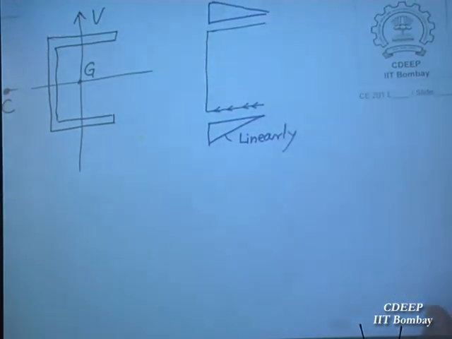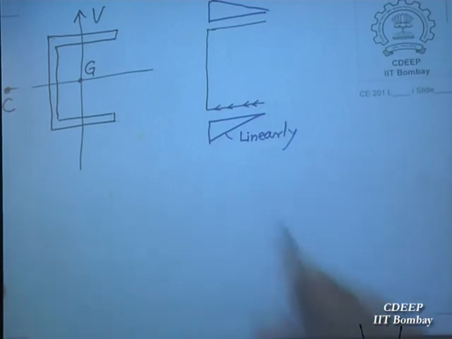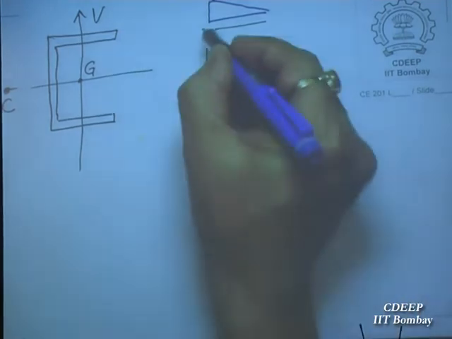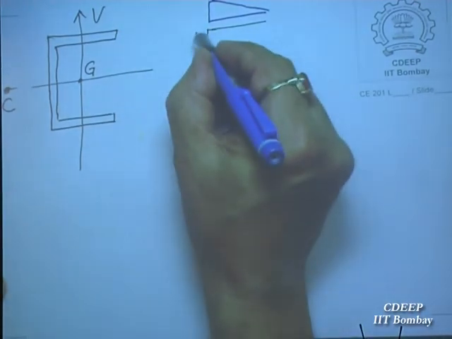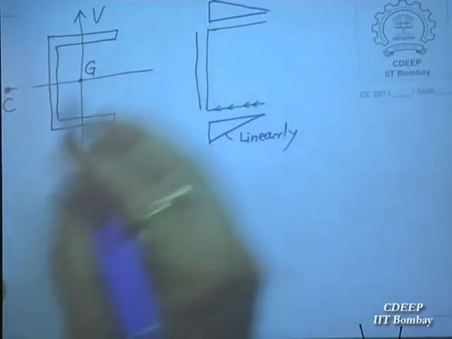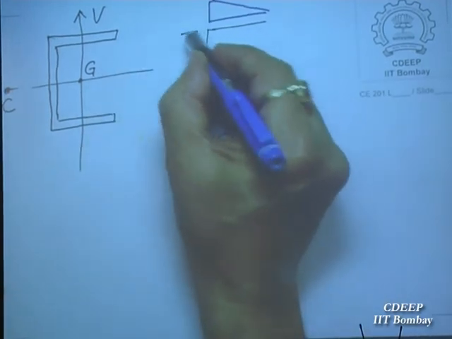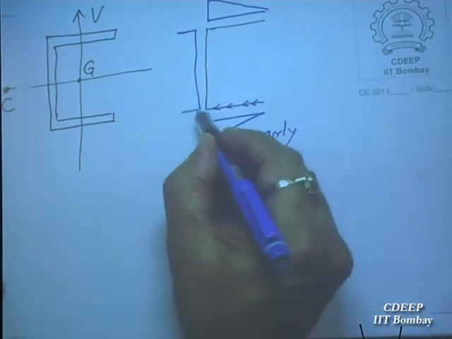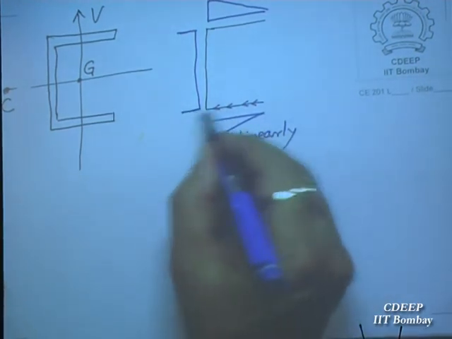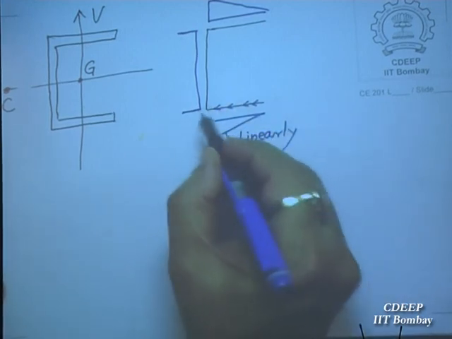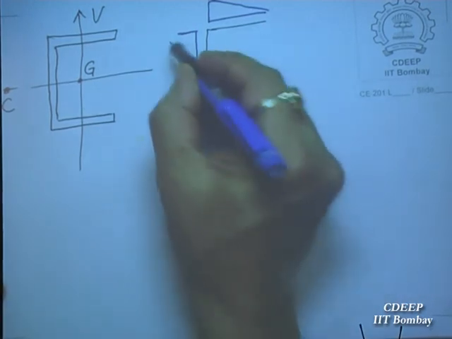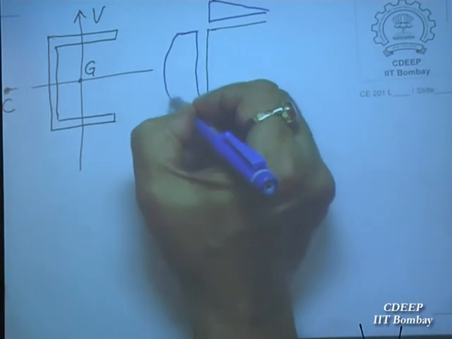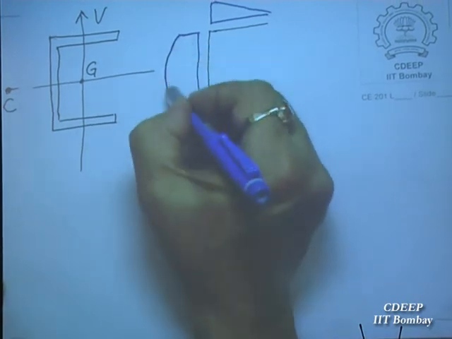And in this one, when you come to here, this shear and the vertical shear must be equal, and then it will vary like this.